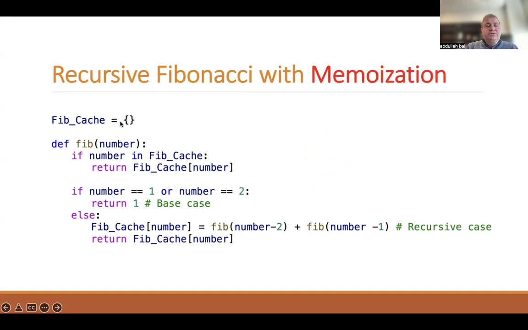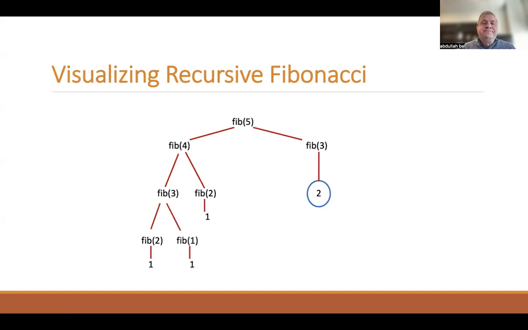According to the search, we can compute the Fibonacci number, or we can skip that. So this technique is called the memoization technique. Here, instead of computing Fibonacci number 3, we just use it because it was computed before and it is in the cache list.